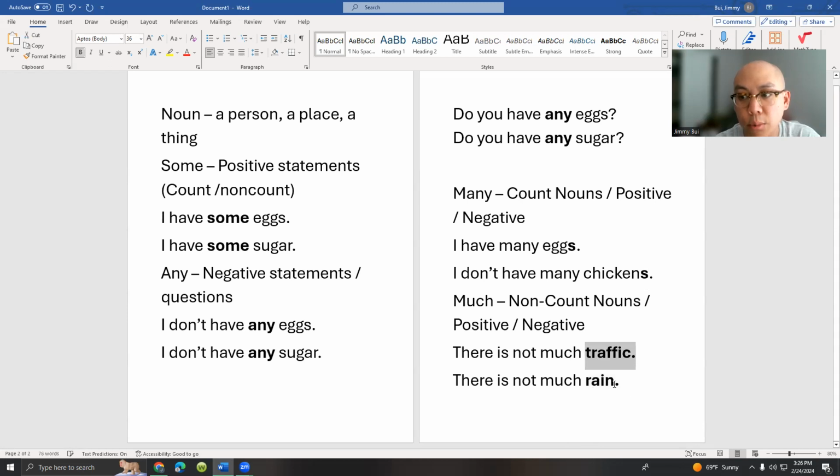And so you don't count rain. There's no plural form of rain. Traffic also. So it does not just apply to foods. Remember, nouns are person, place, or thing. So the words things, places, they can expand to many different categories beyond food. But I think food is a great place to start because it's easy to picture, visualize, and the pictures in the book show several different foods.